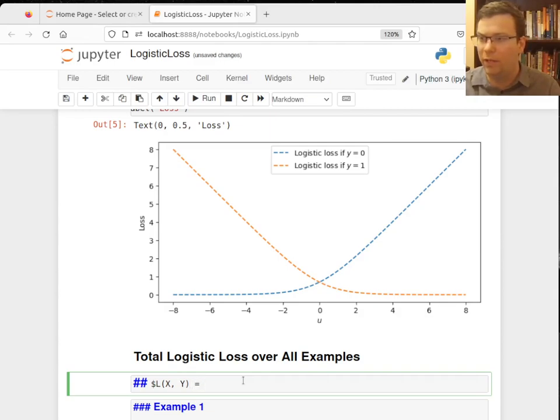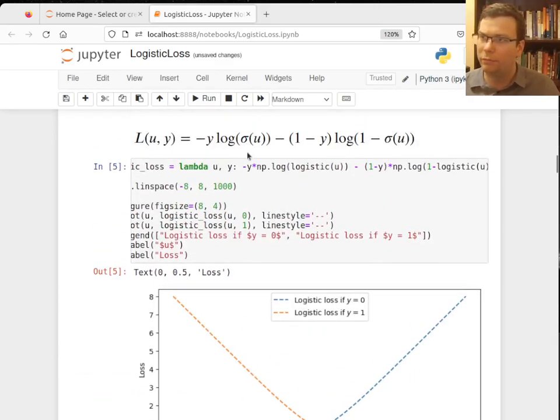And so what I would say here is, okay, the total loss over all examples would be the sum over each individual example. So let's say that there's n examples, and I'll zero index them. So from k equals 0 to n minus 1 of the logistic loss.